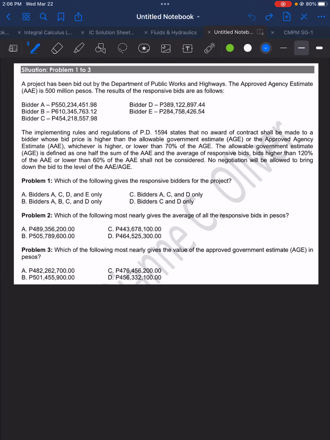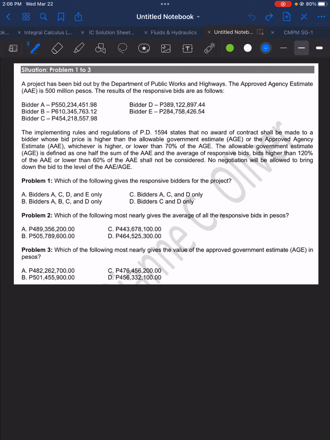The implementing rules and regulations of PD 1594 state that no award of contract shall be made to a bidder whose bid price is higher than the allowable government estimate or the approved agency estimate, whichever is higher, or lower than 70% of the AGE. The allowable government estimate is defined as one-half of the sum of the AAE and the average of responsive bids.